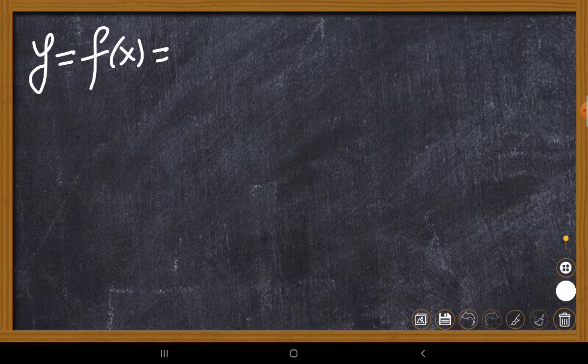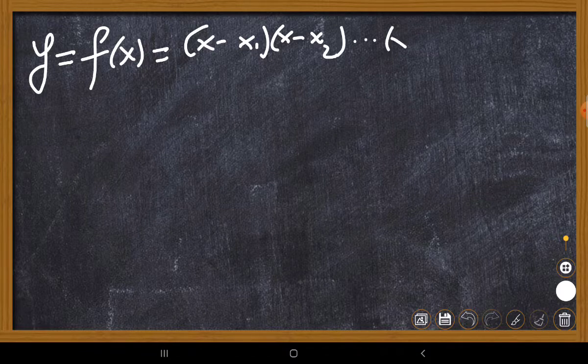So the formula is given by y equals f(x) equals, this first term will be x minus x1 into x minus x2, so on till x minus xn.